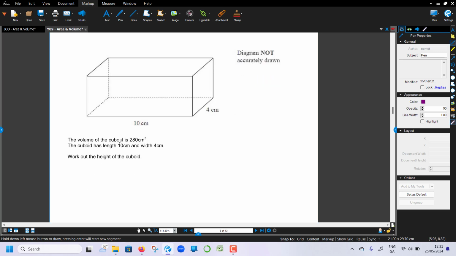Cuboid. The volume is 280. It has a length of 10 and a width of 4. All right, this is straightforward. You're told the volume, which equals length by width by height, equals 280. Well, you're told that the length is 10 and the width is 4.